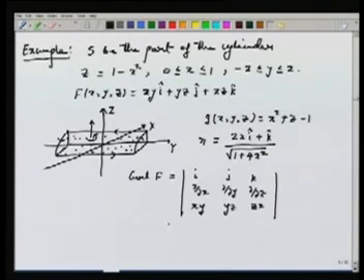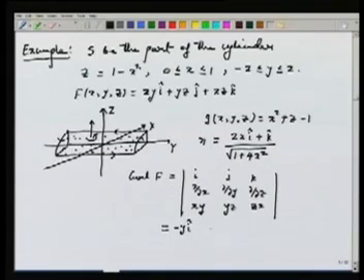If I want to calculate, what do I get? I get i times del y of zx, which is 0 because zx has no y, minus del z of yz, this has 1z, so it is minus y i.